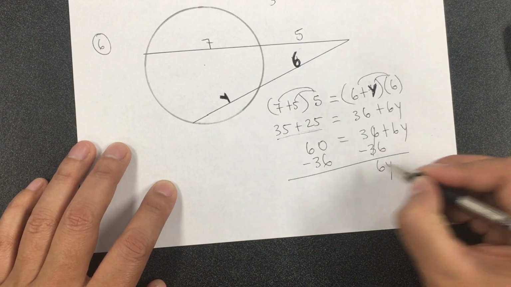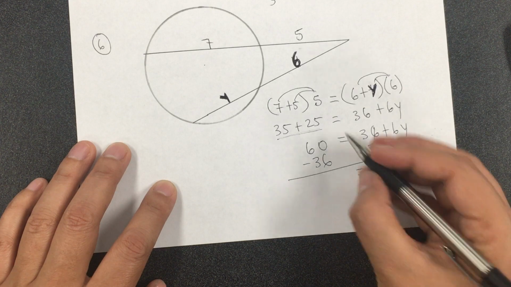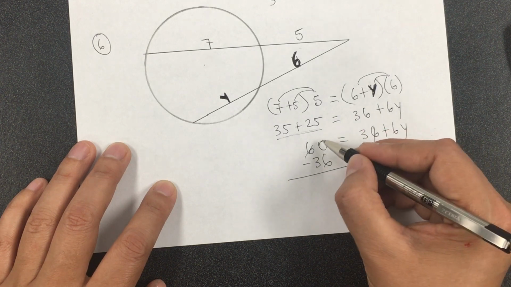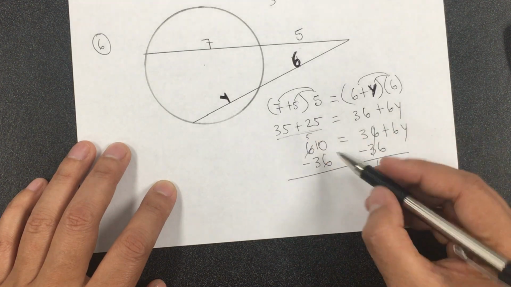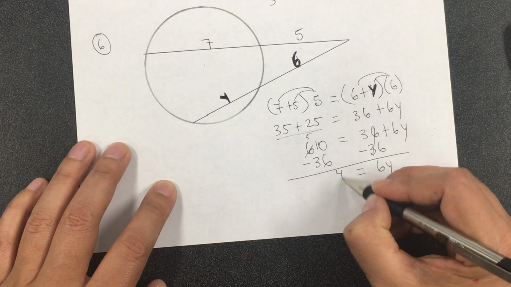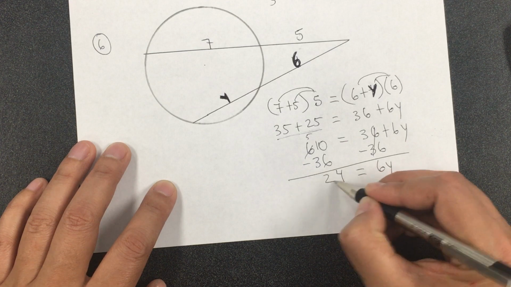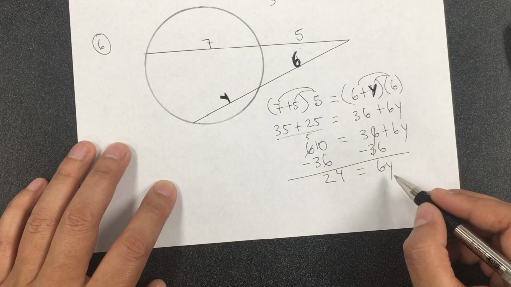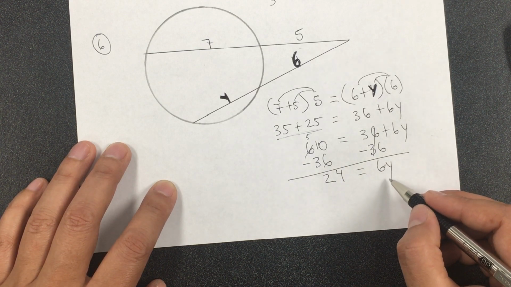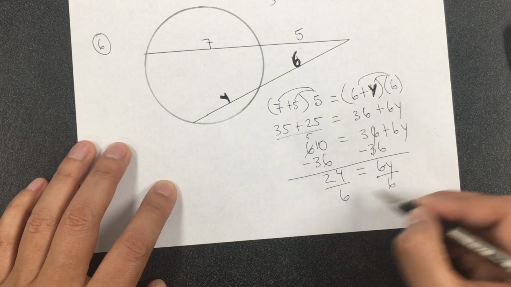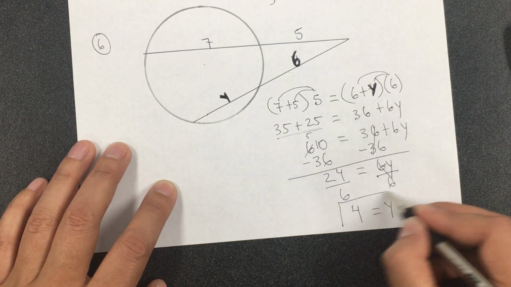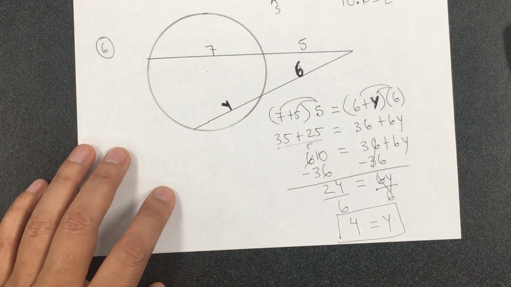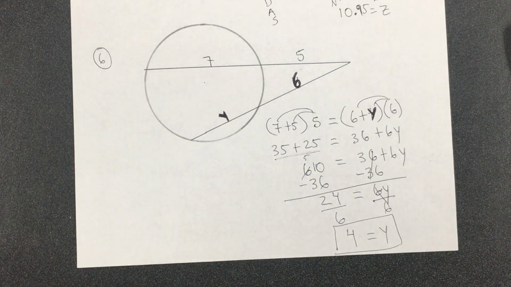And so 6y is equal to, I know it's 24, but let me show you. If you have to borrow, just borrow, and this stays as 5. 10 minus 6 is 4. 5 minus 3 is 2. Finally, to leave y by itself, if I'm multiplying, the opposite is to divide. And so y is equal to 4. Okay, so the value of y is 4.